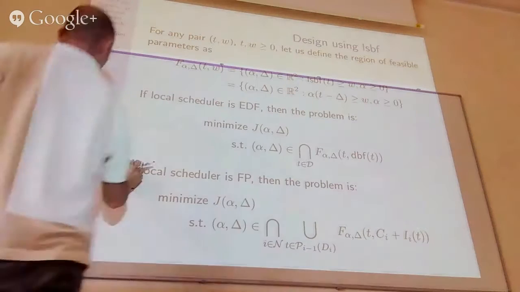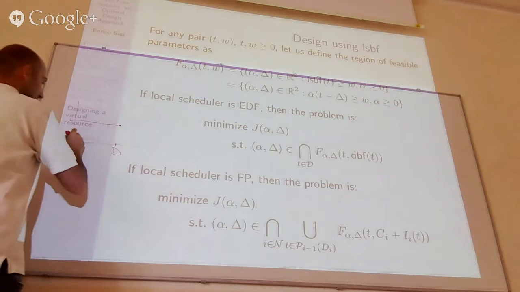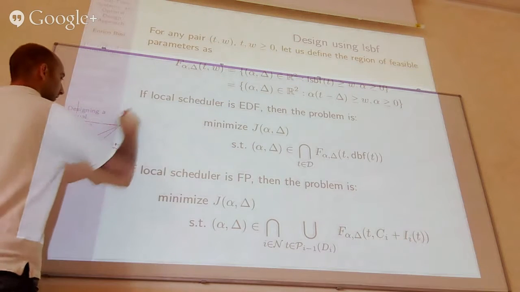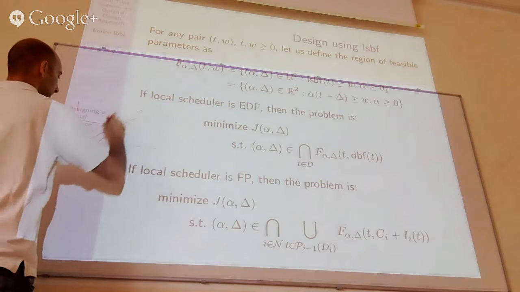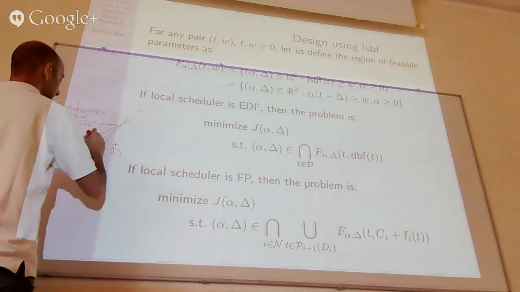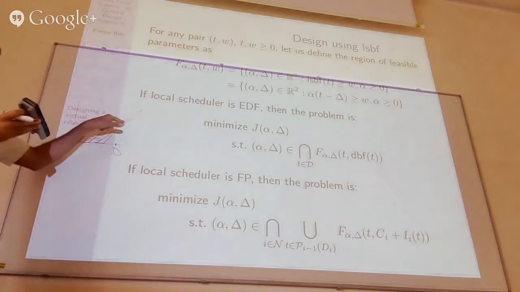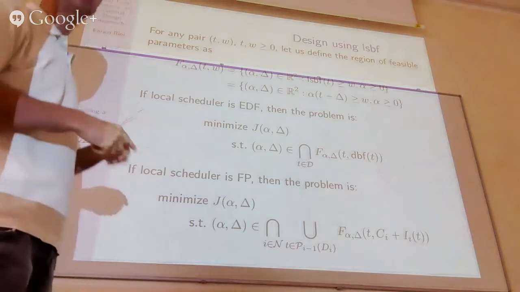In the linear constraint case, I can do something a bit nicer. If I'm wondering about all the linear lower bound functions that can guarantee the task, I just have to compute all the lines going through that point. How do I express it?